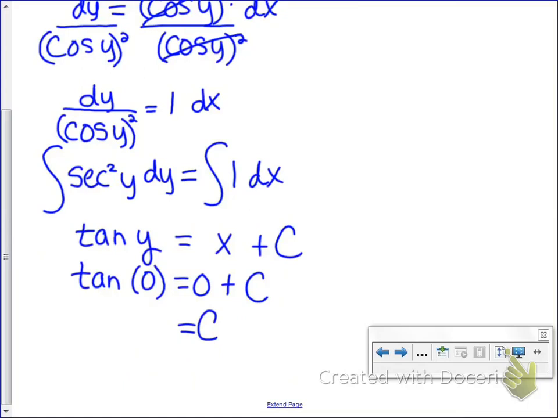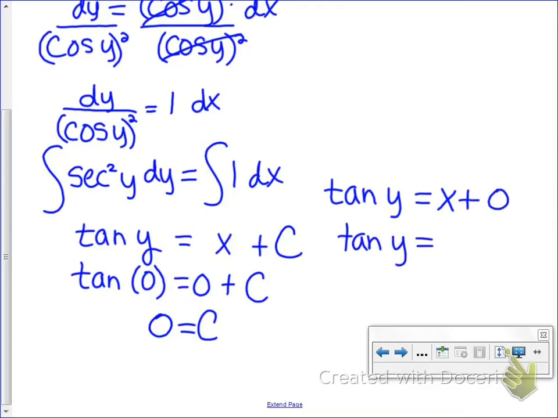Oh, that's a simple one, right? So we have tangent of y equals x plus 0, or x. I'm just going to write it: tangent of y equals x. To get y by itself, we do the inverse operation. So y equals inverse tangent of x, and that's it. That is our solution curve for the derivative using antiderivatives.